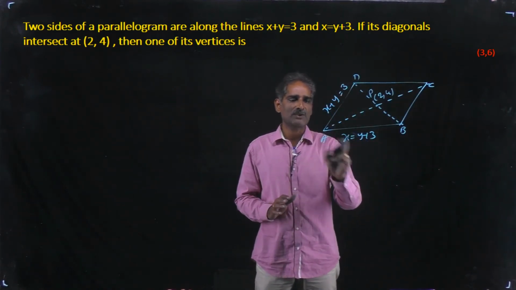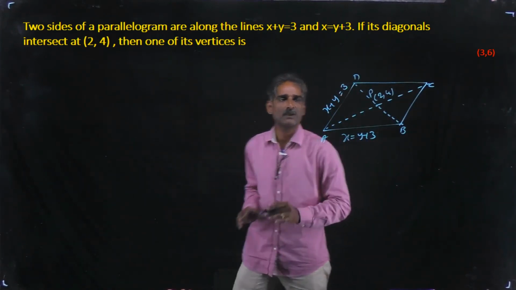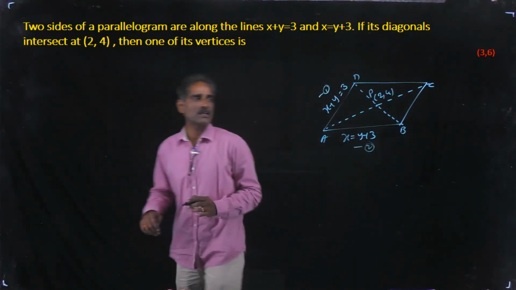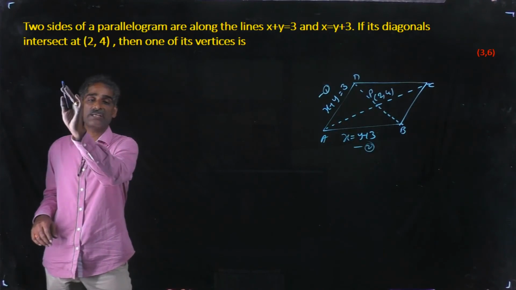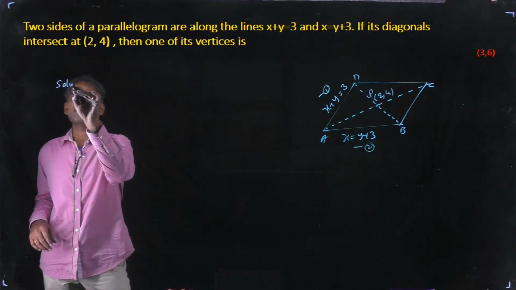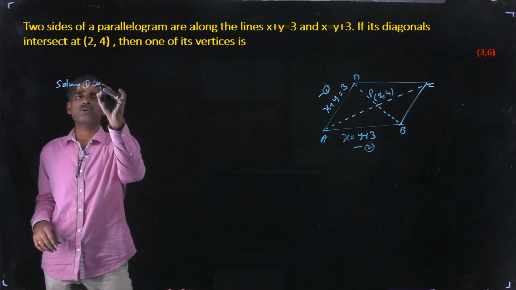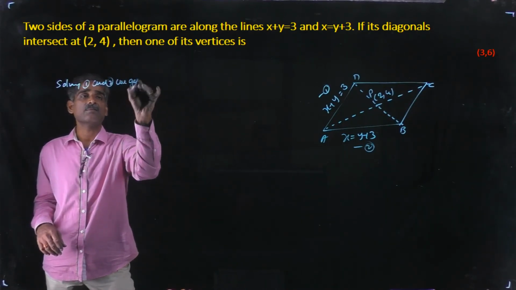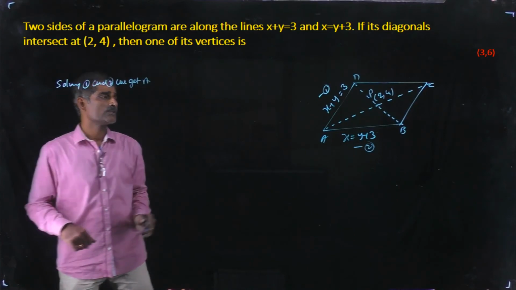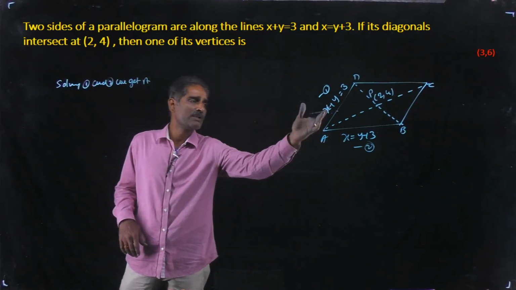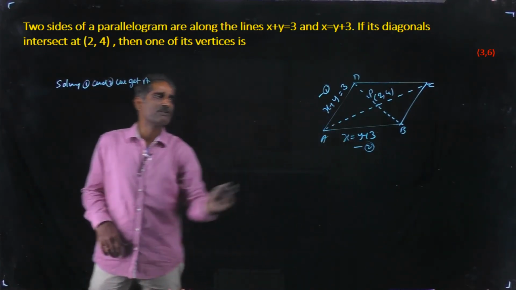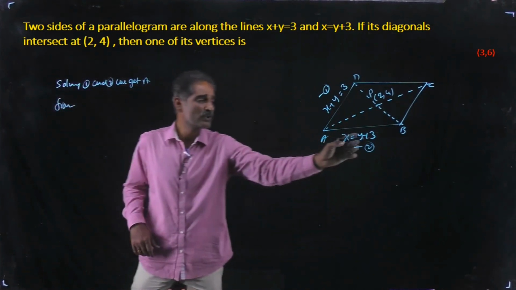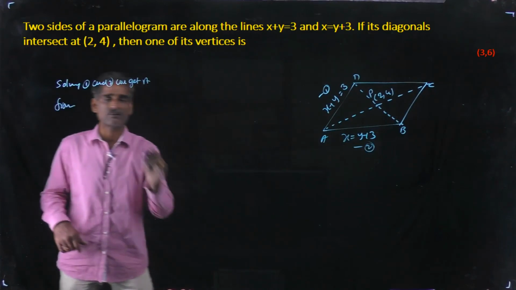With the help of these two we can find vertex A. Let us take this as equation 1 and this as equation 2. Solving 1 and 2 we will get A. Just replace x by y plus 3 from 2 in equation 1.